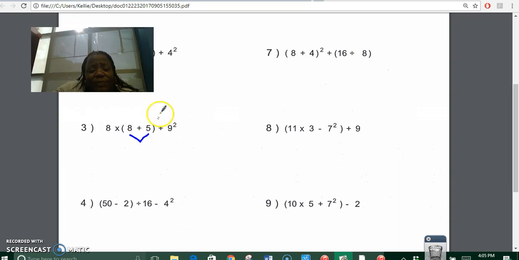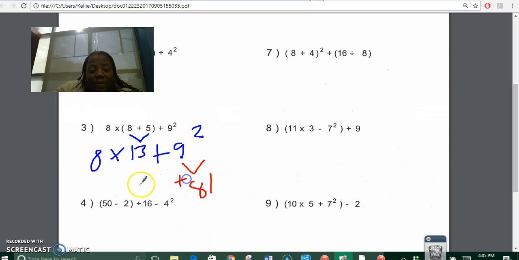Parentheses first. Let's see. 8, 9, 10, 11, 12, 13. Here we go. And after parentheses, you have exponents. Remember, that is not 9 times 2. It is 9 times 9, which is 81. I'm going to bring down everything else. Here we go. And then I have multiply or addition.